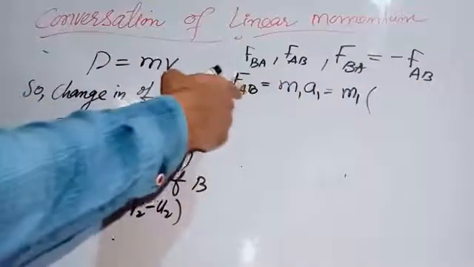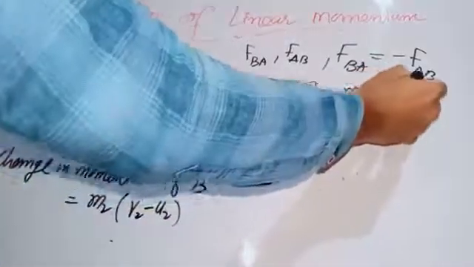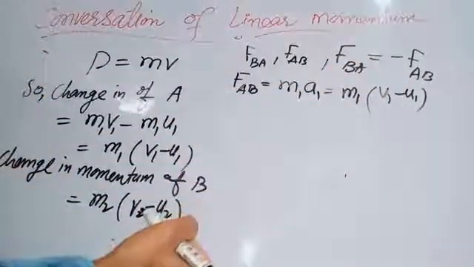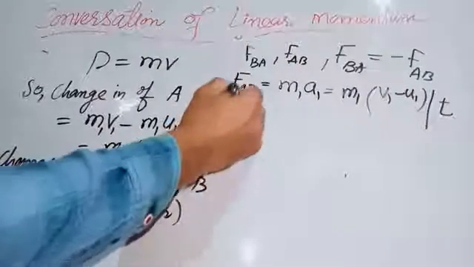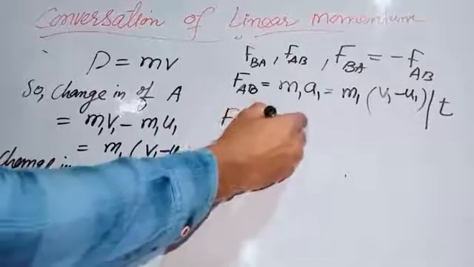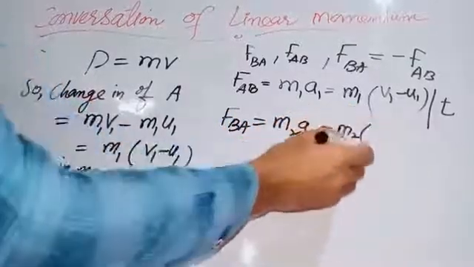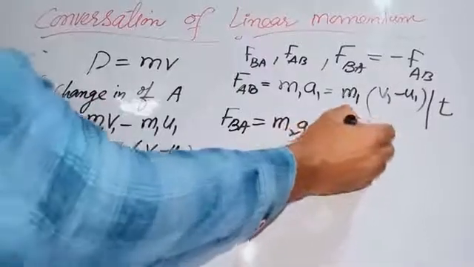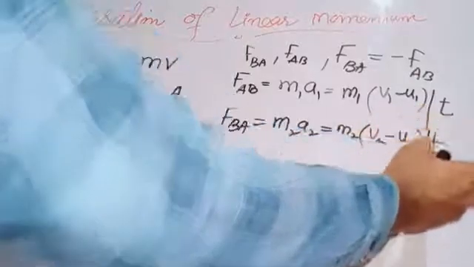The change in velocity of object A is v1 minus u1, that is final velocity minus initial velocity, divided by t. Similarly, FBA is equal to m2a2, which is equal to m2 multiplied by (v2 minus u2) divided by t.